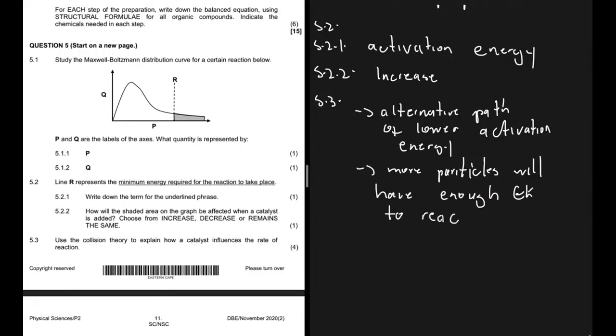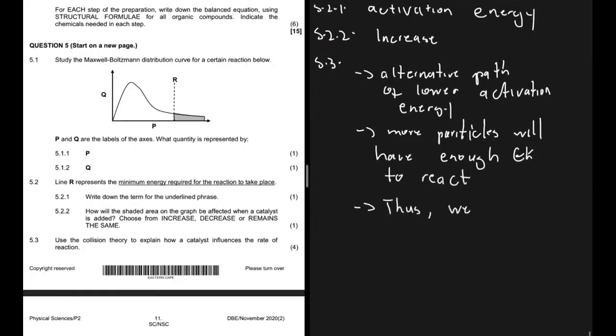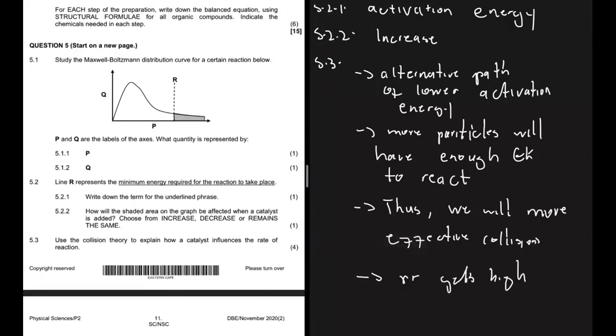And as a consequence, we will have more effective collisions. And then the reaction rate gets high, right? And then you have your 4 marks.